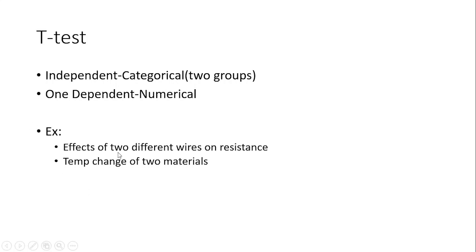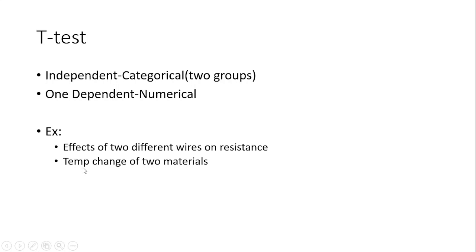There is a numerical value, one dependent, and you have one independent. It's categorical. Why? One group of wires and another group of wires. Maybe they have different lengths, or they're made of different stuff. When you're working on stuff like this, you should do t-test.